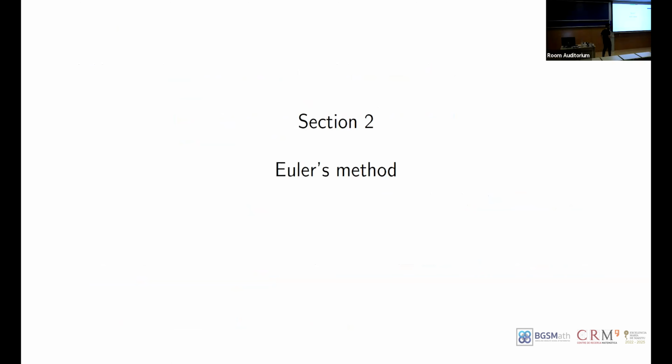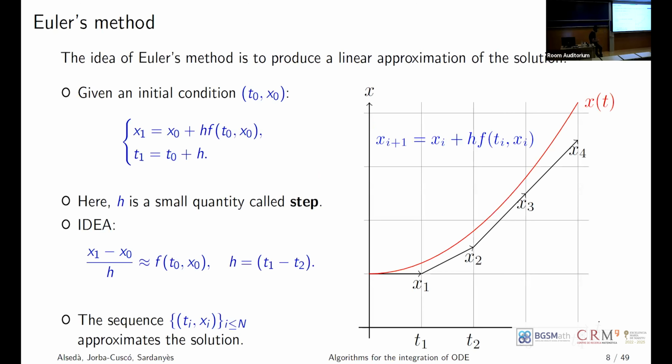Let's start with the first method to solve ordinary differential equations of the afternoon, and that's no one else than Euler's method, which has its own section, not because it's the best, but because it's the worst. So let's start with Euler's method, which is very simple to understand.